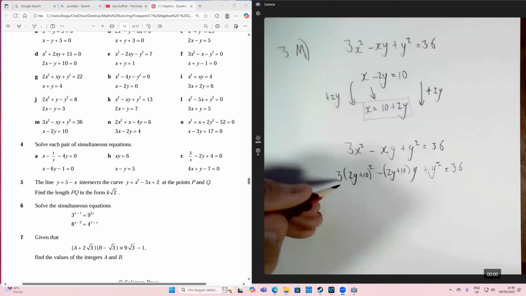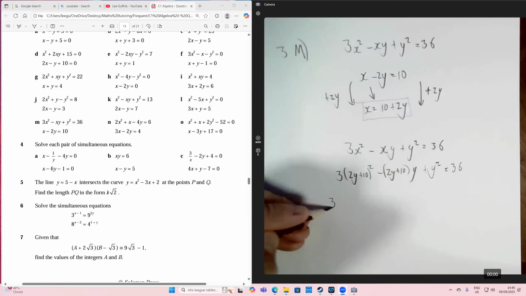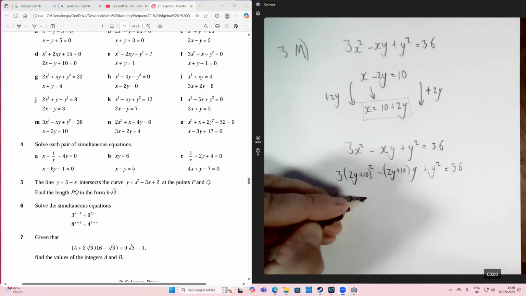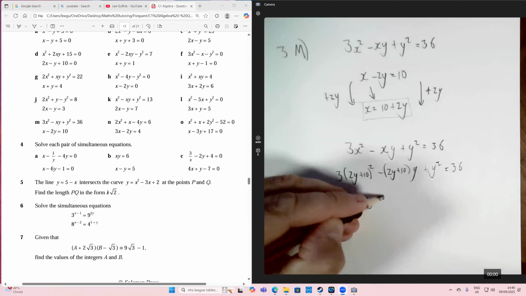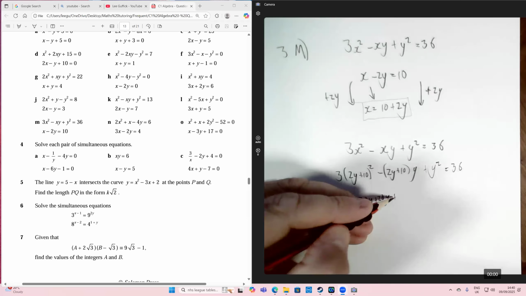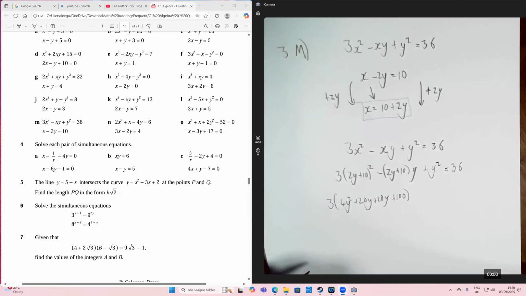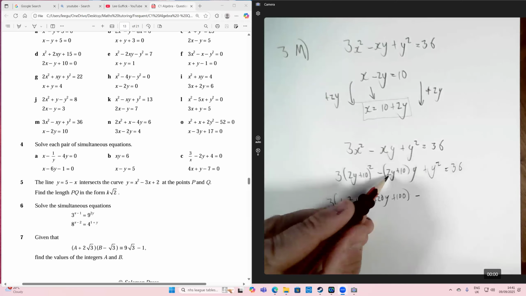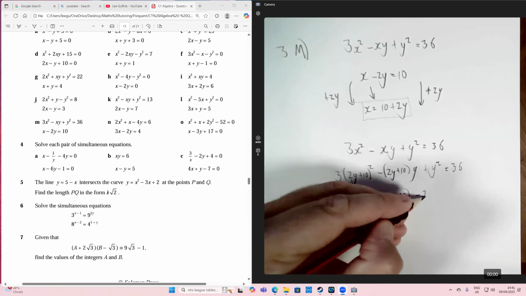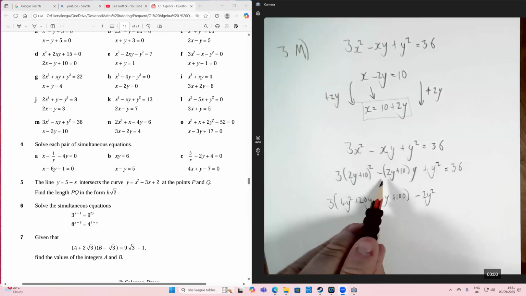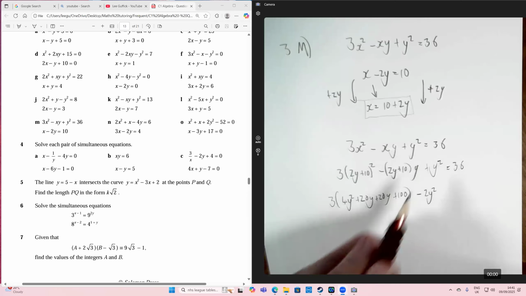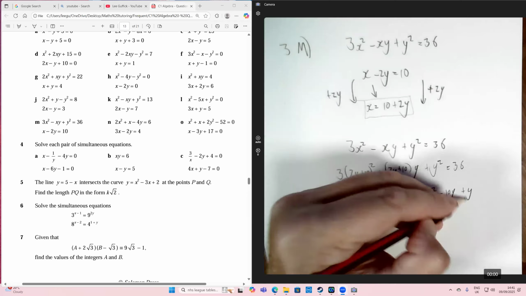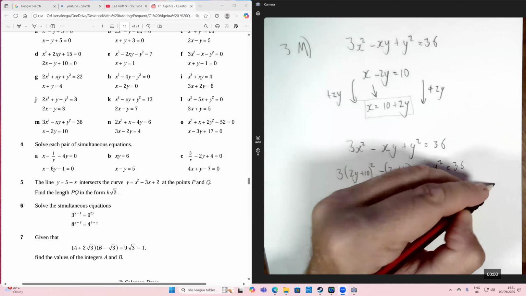Okay, so I'm now going to expand this bracket. So I've got 3 and I've got 4y² plus 20y plus another 20y plus 100, like so. And then I have minus 2y times y is minus 2y², and then minus 10 times y is minus 10y, plus y² equals 36.